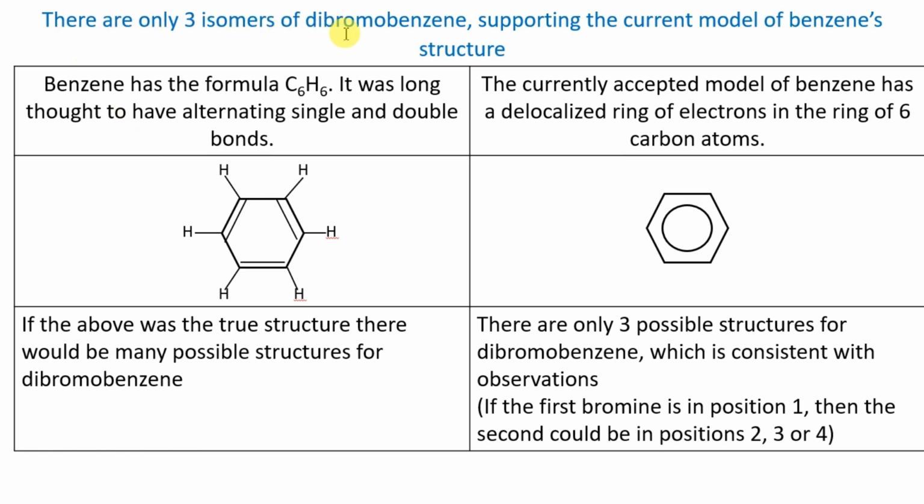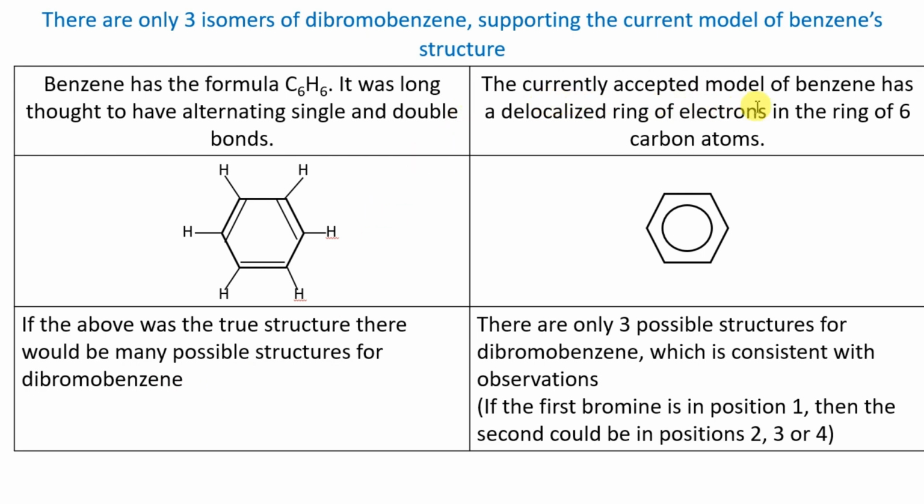Only 3 isomers of dibromobenzene. Small point. This supports the current model of benzene structure. Benzene has the formula C6H6. It was long thought to have alternating single and double bonds as shown, a ring structure. If the above was the true structure, there would be many possible structures for dibromobenzene.